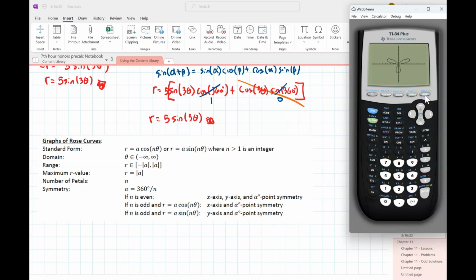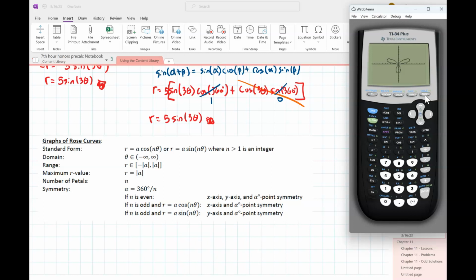Oh, look at that. It looks like a pretty little flower. That's why we call it a rose curve. The domain for any rose curve is going to be all real numbers, because the domain for sine or cosine is also all real numbers.